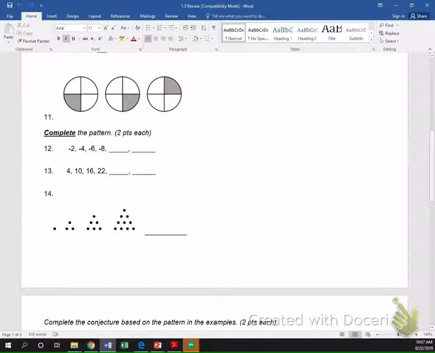What does your next guy look like? Whoa. I almost did what I just told you not to do. This is still in the describe section. So describe what's happening. It's going counterclockwise.